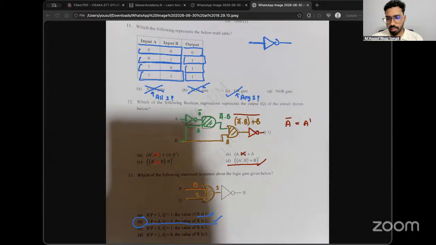Perfect. The result of the OR gate will be 1. When this 1 goes to the NOT gate, 1 will become 0. So you can see the third one is wrong. In the third one, they have said R is 1.